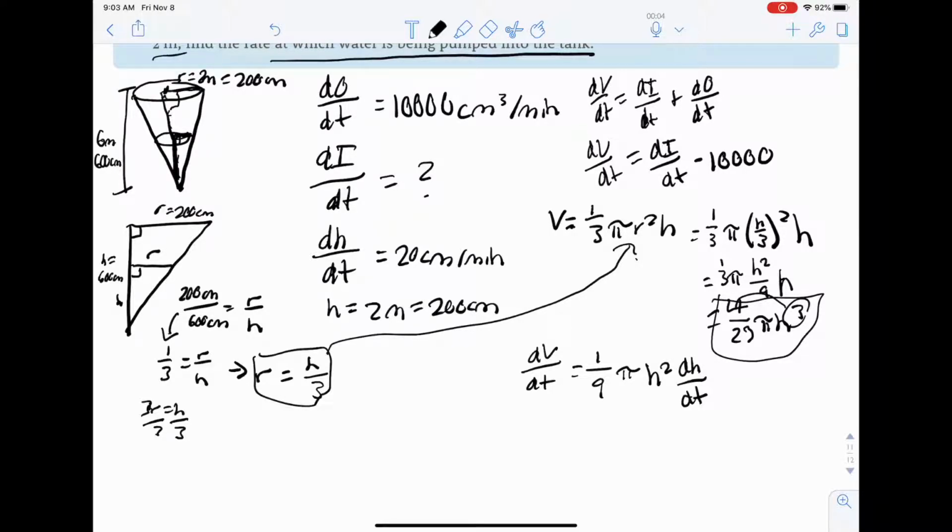And so we know the height, and we know the rate at which the height is changing. So we can plug those in to get 1 over 9 pi 200 squared times 20. So if you multiply those together, you're going to get 800,000 pi over 9.